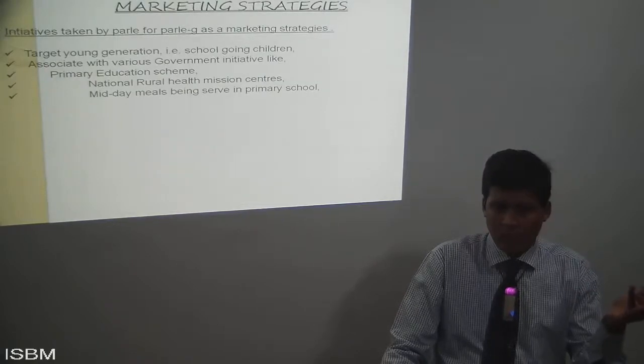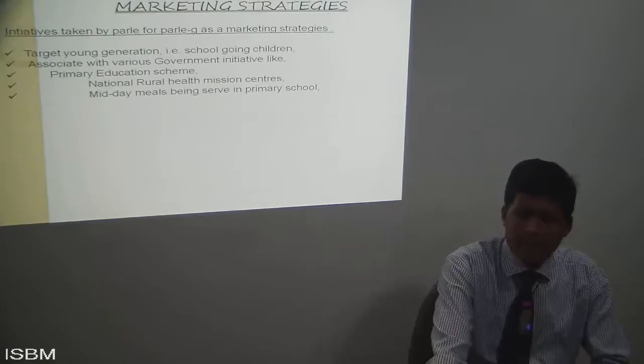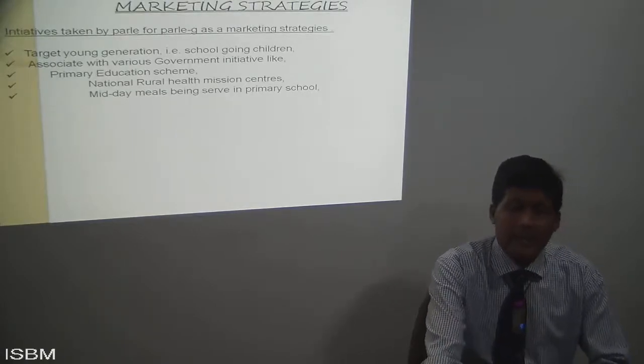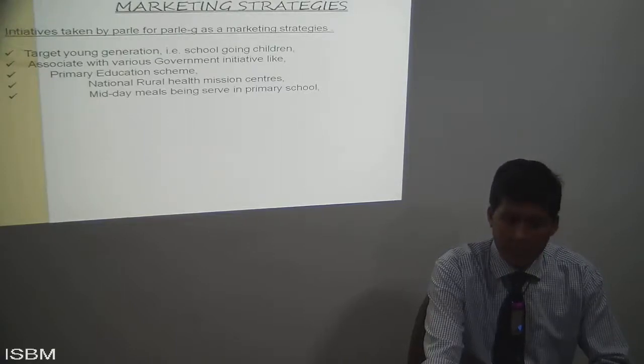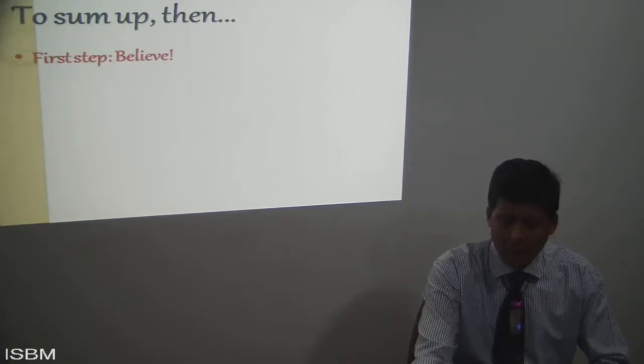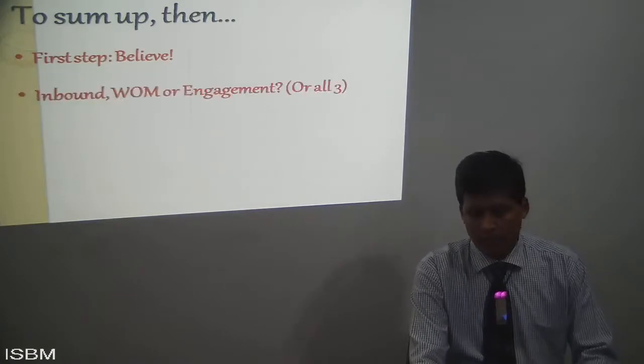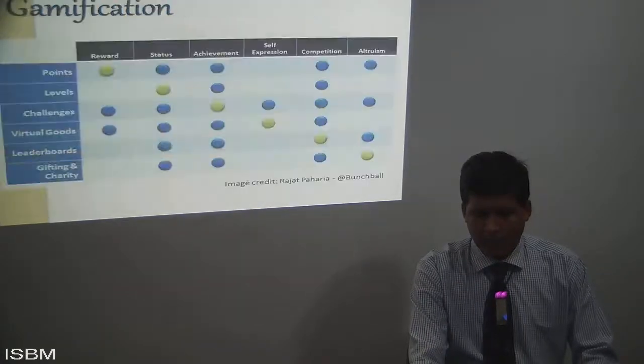School going children could be targeted. Associate with various government initiatives like the primary education scheme. It could be the National Rural Health Mission Centers or the midday meals being served in primary schools. To sum it up then, as far as Parle G is concerned, it would be the first step to believe that it's possible to enter as well.